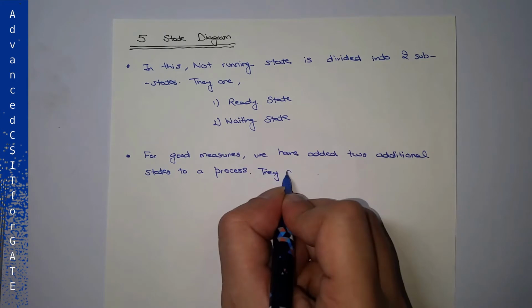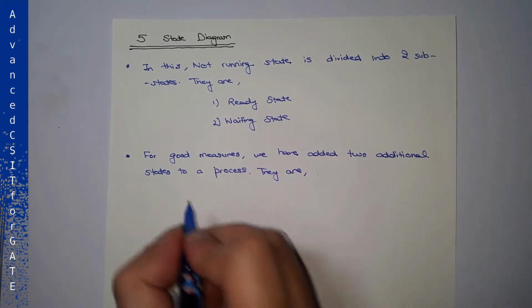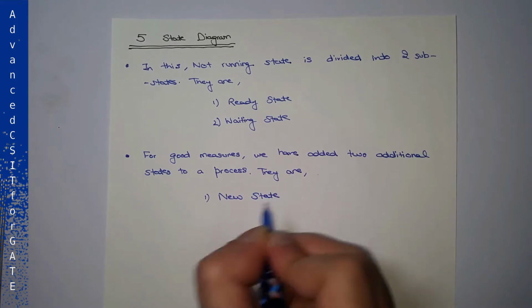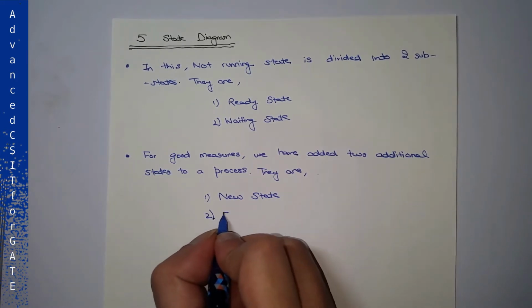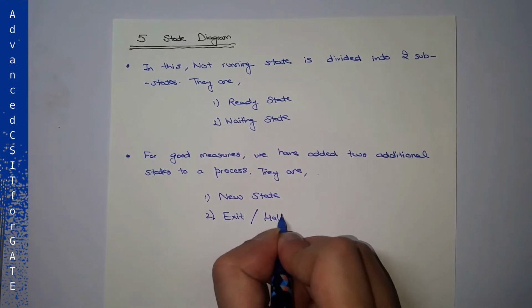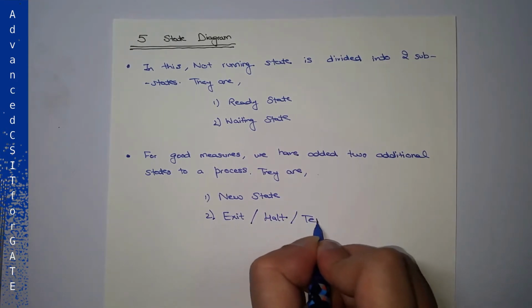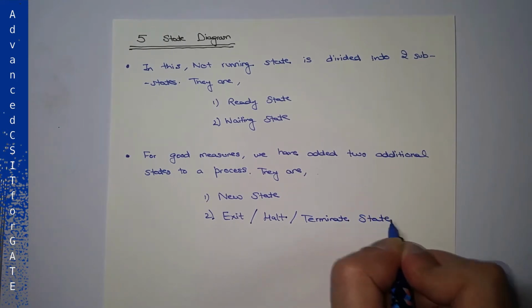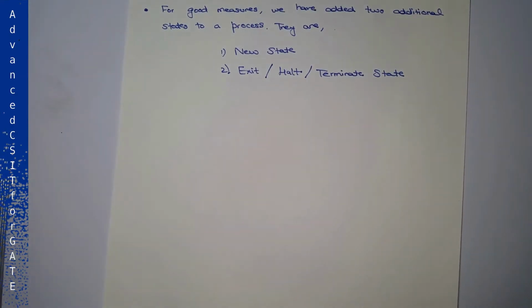They are new state, and the second one is exit state, or it could be called as halt state or terminate state. So far what we did is we split one state into two parts and added two new states.